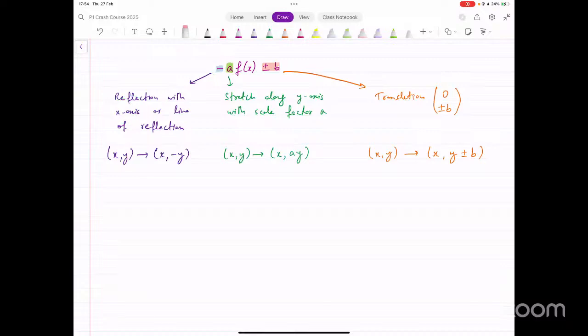If you have some number multiplied outside, that's a stretch along y-axis, scale factor that number that's multiplied. And plus minus b means there's a vertical translation. Plus means you're going up, minus means you're going down. In order to describe translation, you always write down a vector like this.